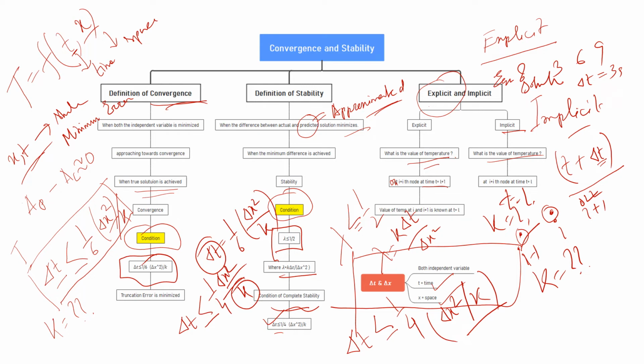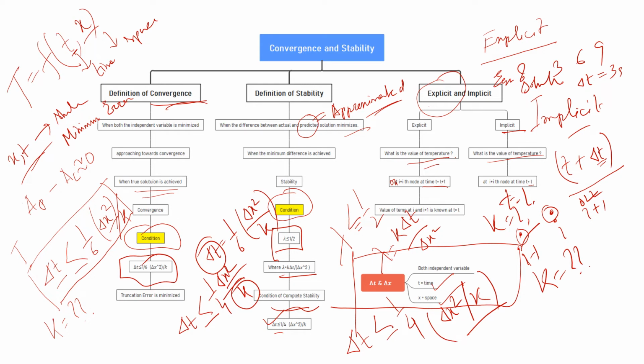Now, as we are trying to predict and approximate something which is outside of the domain of the time for which we have the output value, that is why, as we are moving outside the domain, we are saying it is explicit. If instead our question is what is the value of temperature at I plus 1 at the time t equal to L, then the solution becomes implicit.